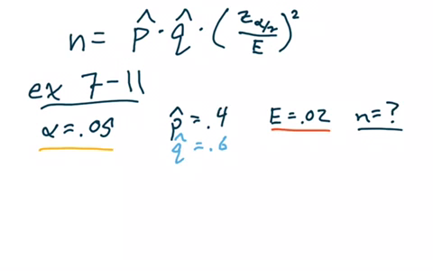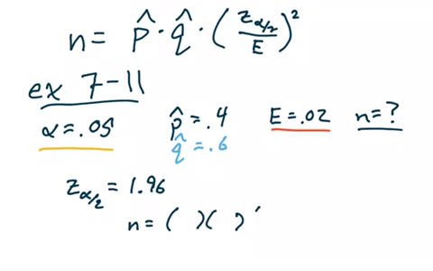Okay, so for alpha equals 0.05, we look up our z subscript alpha over 2, or remember this is one that is very frequently occurring, so we can just memorize essentially that it's 1.96. We'll go ahead and plug that into our formula here. N is equal to p hat times q hat times, what did we say?